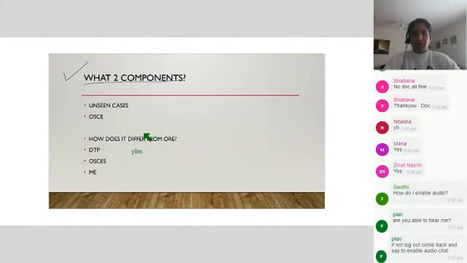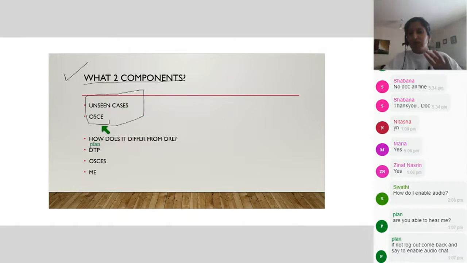Not sure. Okay. So, ORE, guys, has DTP, OSCEs, and ME. Now, it is very similar to LDS because LDS and ORE are basically registration exams. So they are trying to assess you on the same aspects, but in a different format. For example, LDS will have unseen case and OSCE.